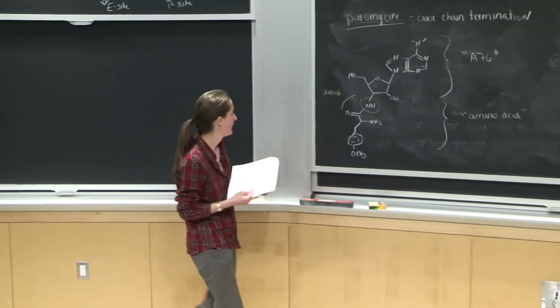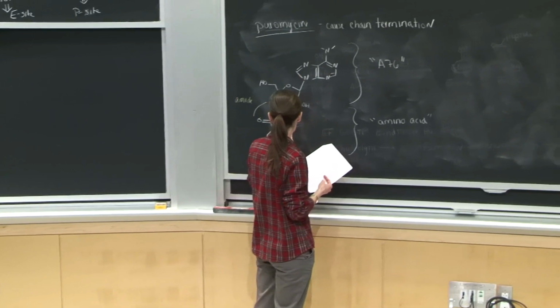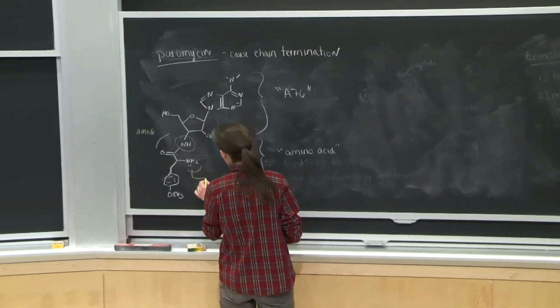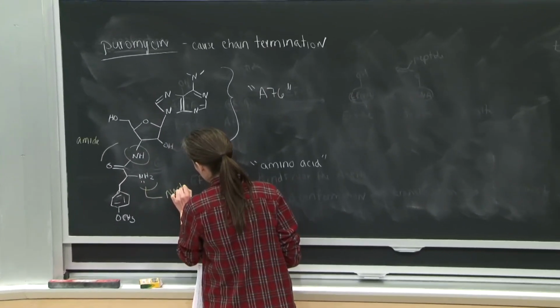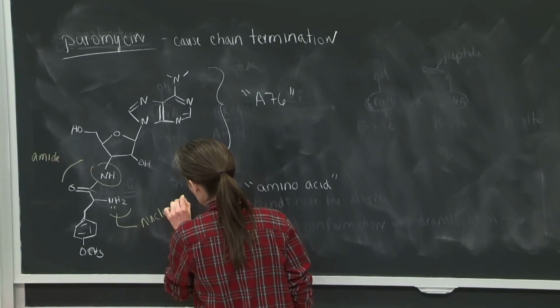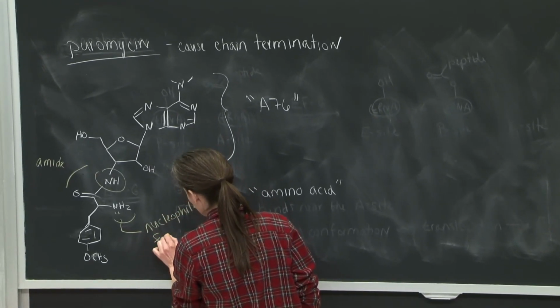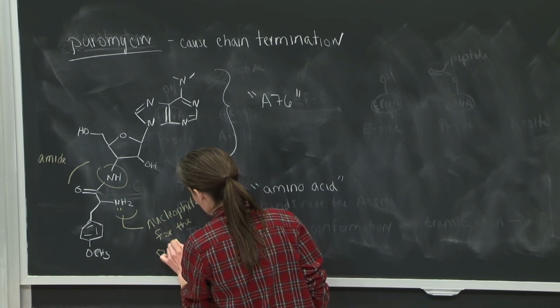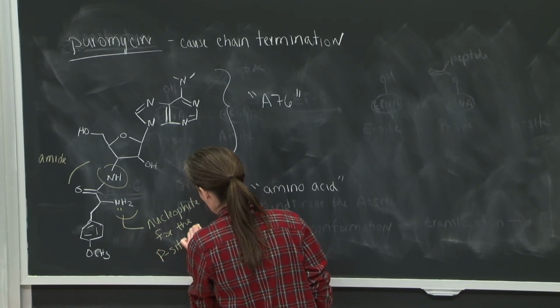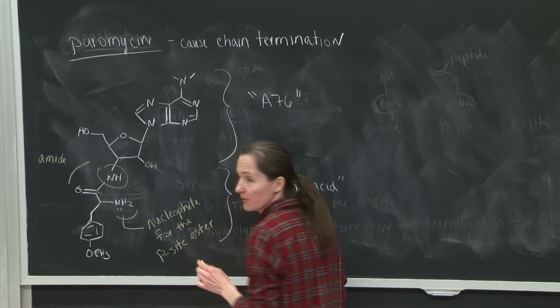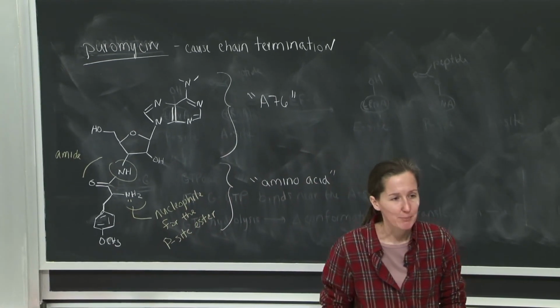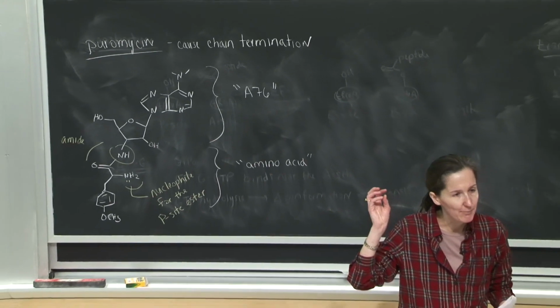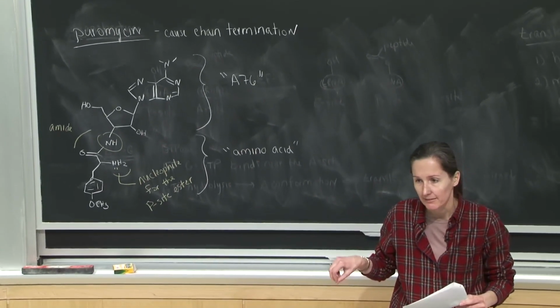And what else do we have? Right here we have a nucleophile for the P site ester. So what can happen? Imagine that puromycin somehow can enter the A site.